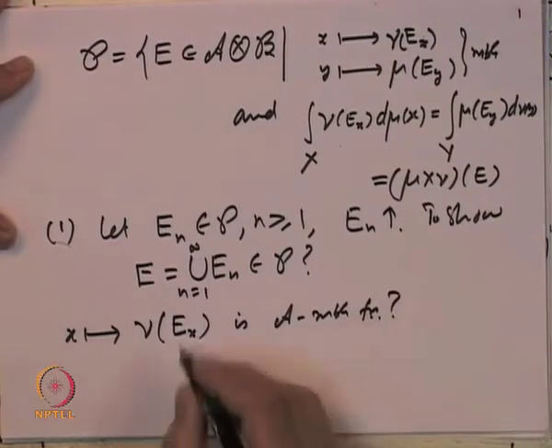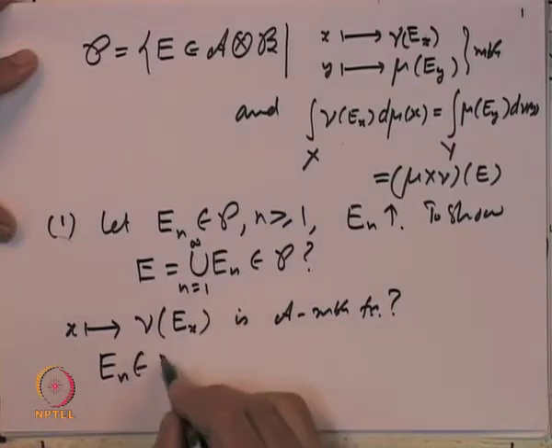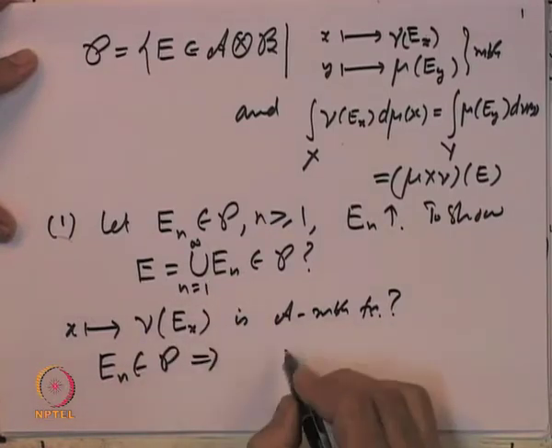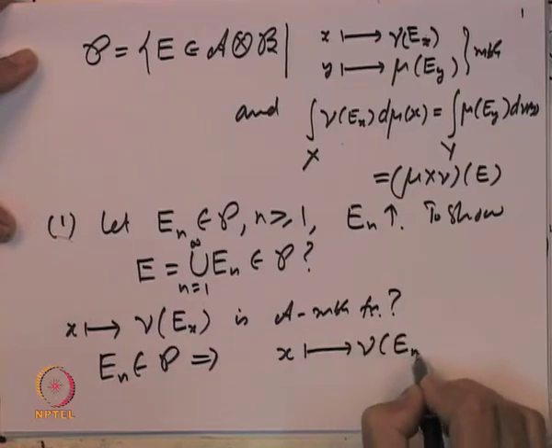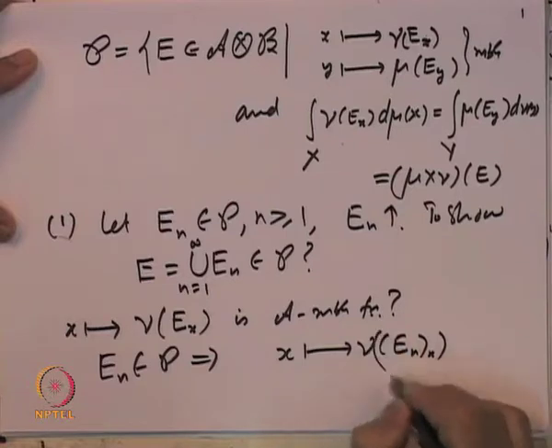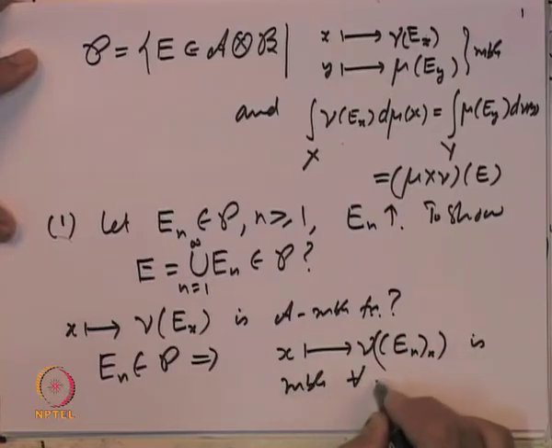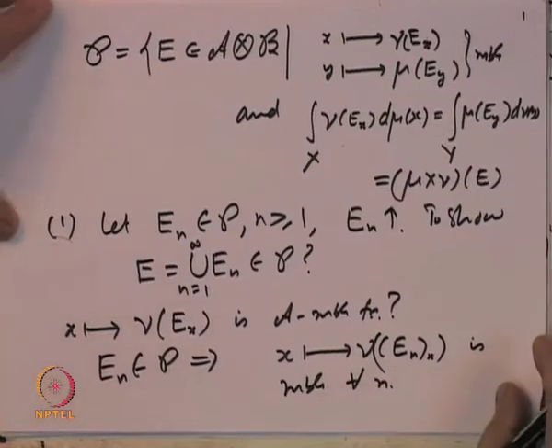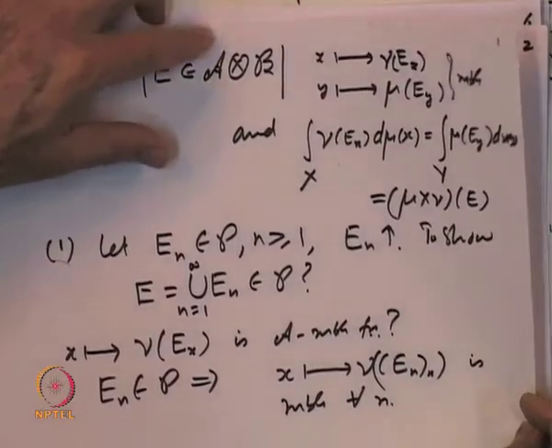So, this is what we have to show. Now, each E n belongs to P, which implies that x going to nu of the section of E n at x is measurable for every n. So, this is what is given to us.